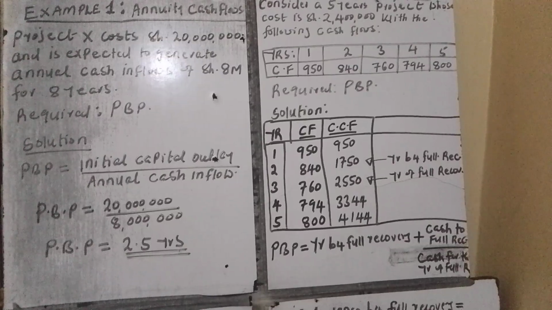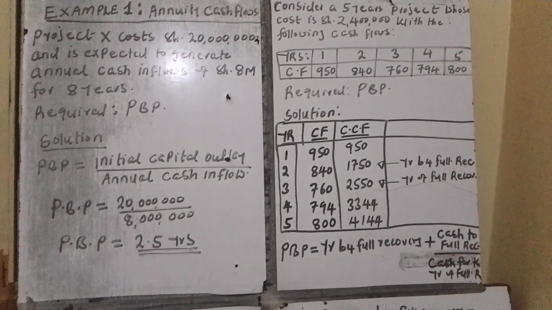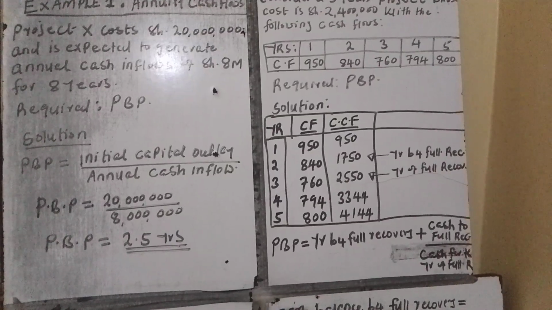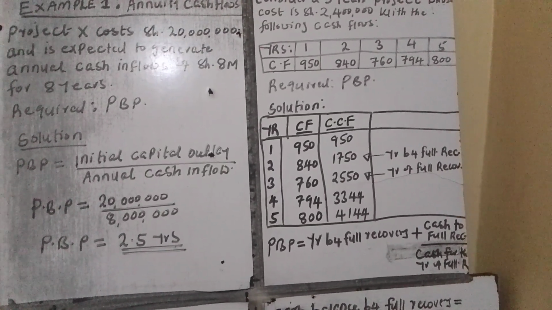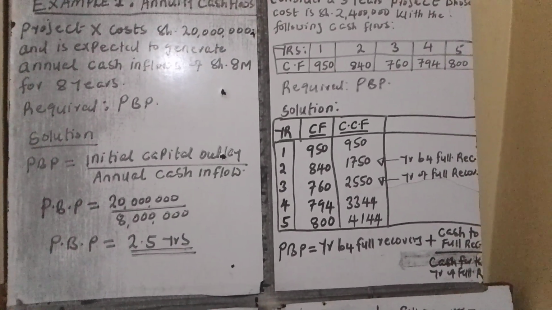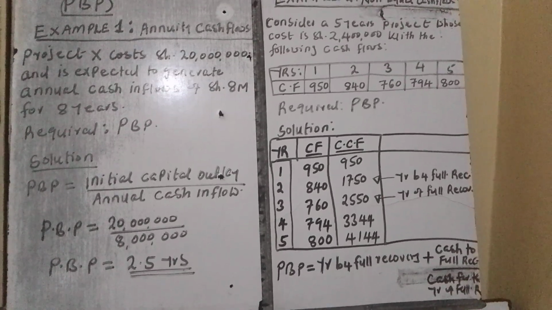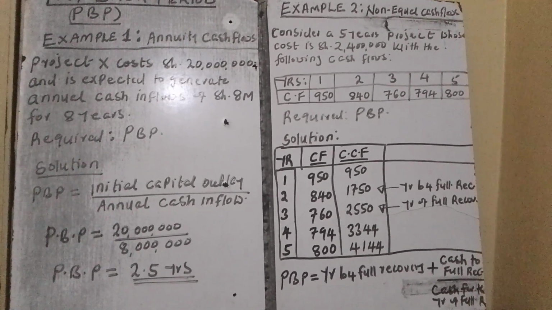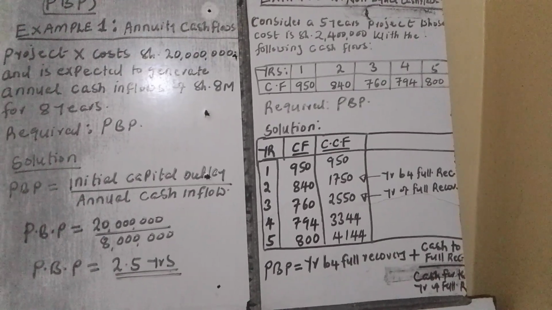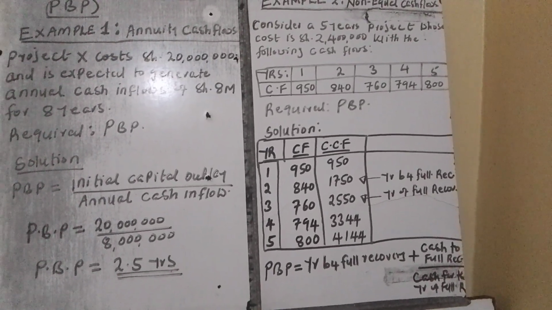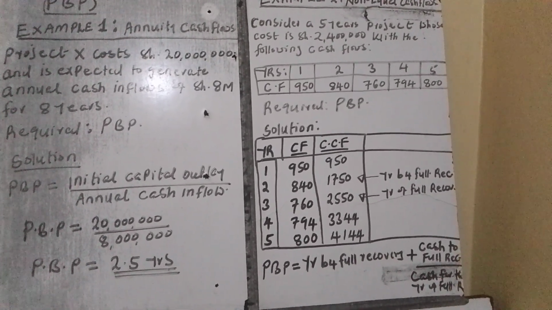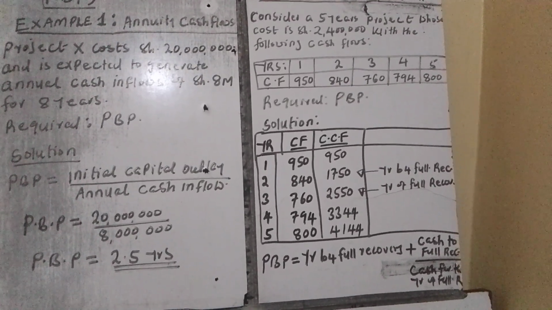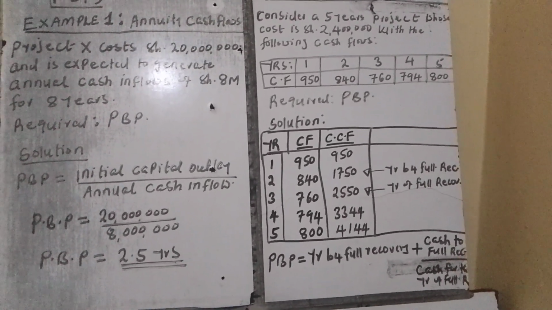If our project is generating 8 million each year, how long will it take to generate 20 million? So 20 million divided by 8 million gives us 2.5 years.